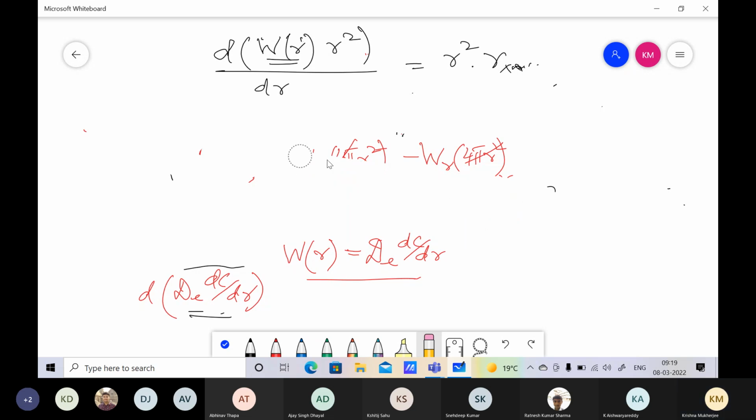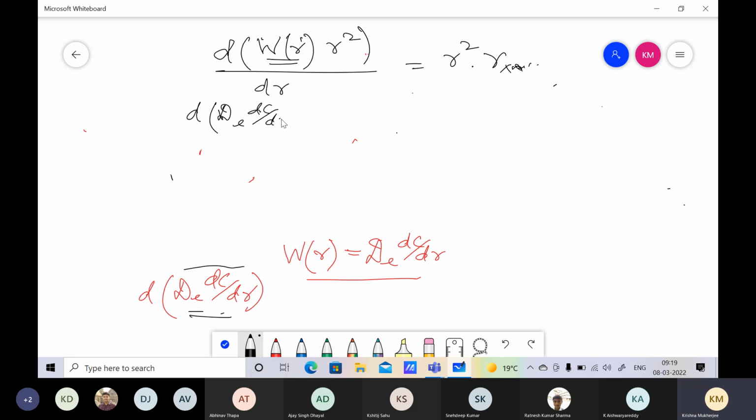So we write d by dR of D_E dC by dR, into R square, is equal to R square into Rx, the reaction rate. I simply write Rx. Is this clear? And as I said, this is equal to K C raised to n.